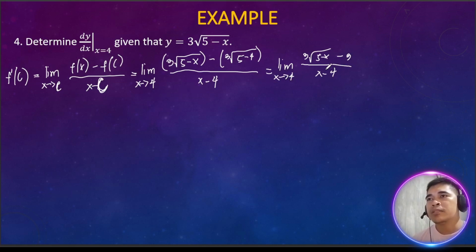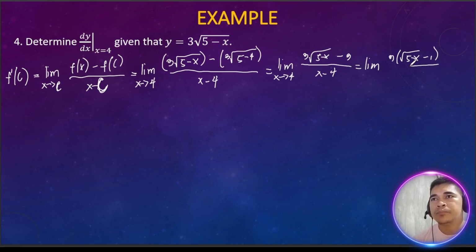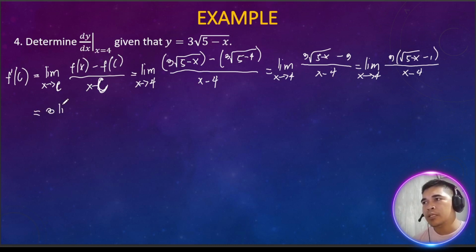So here we can see a common factor, which is 3. So we have 3 times the limit of square root of 5 minus x minus 1 over x minus 4 as x approaches 4.